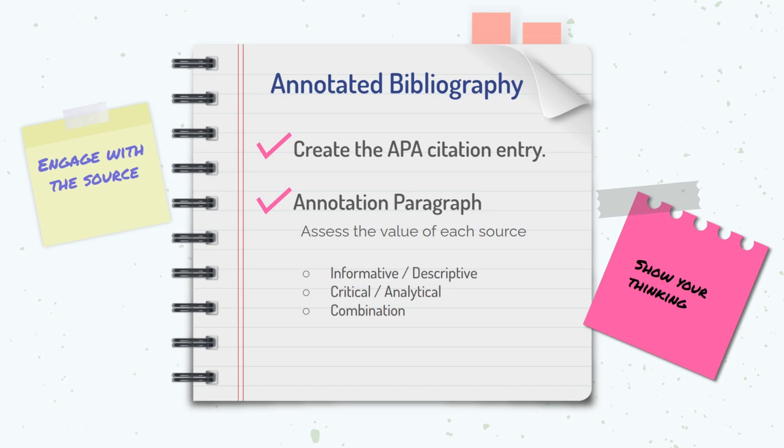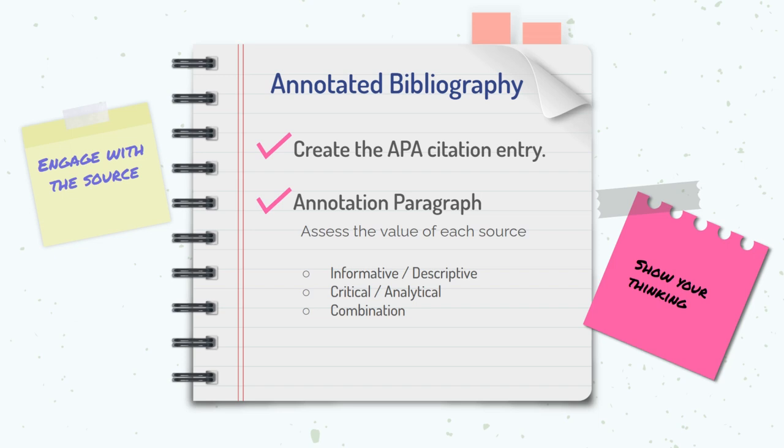your interpretation of that, why that particular source is important for your project, analyzing, or I would say evaluating the source for credibility, really digging in on the source itself, not necessarily just, hey, this is what the source said, but really investigating the source itself for authority, accuracy, etc. Or a lot of times your annotation paragraph will be some sort of combination of these things.